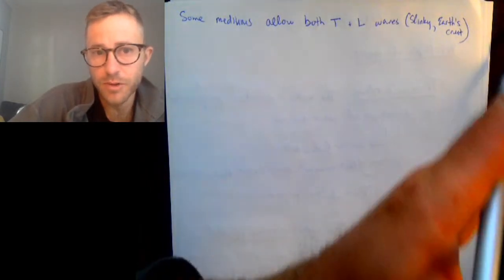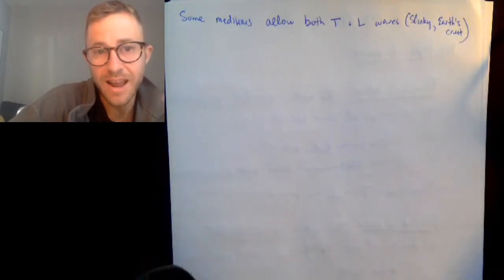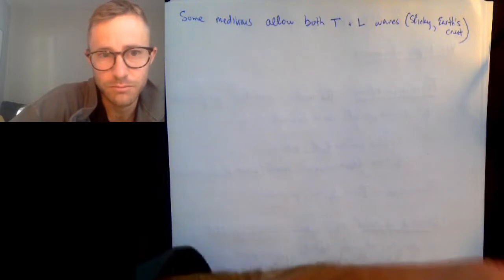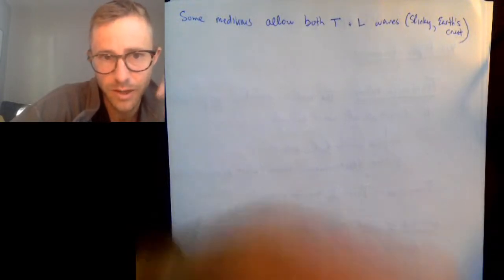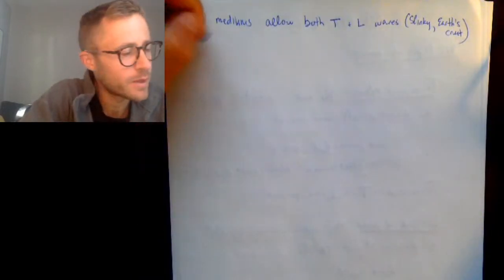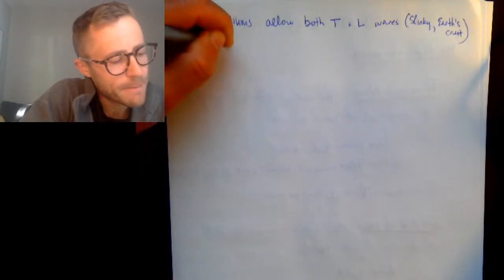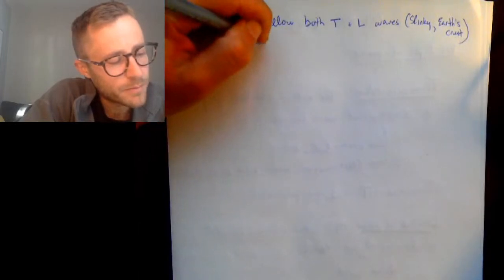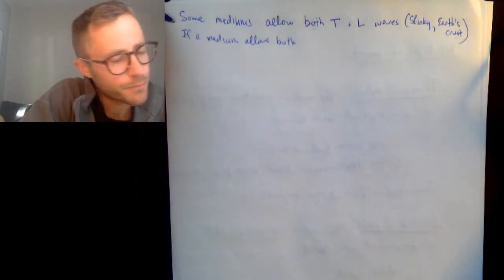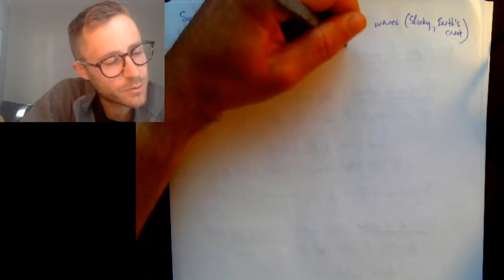And then there are some mediums that only allow one type. For example, air only allows longitudinal waves. You can't have a transverse sound wave. The air just does not allow transverse waves. But if a medium allows both, then they will have different speeds.